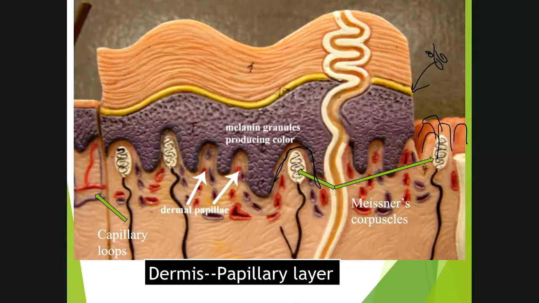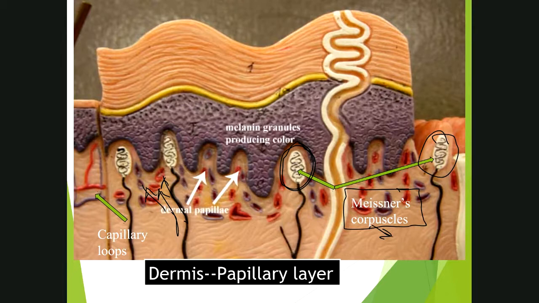Well, if you look inside these dermal papillae, what you find are a lot of blood vessels. These are blood vessels. You find nerve endings, and then you also find these little organs, which are called Meissner's corpuscles. So Meissner's corpuscles, remember, detect light touch. So if something touches your skin, it gets transmitted down here, and that sends a signal to your brain so that you know what it is that's been touched.